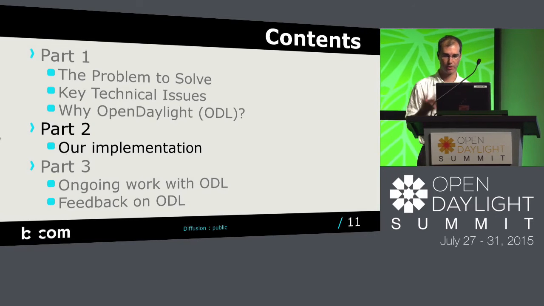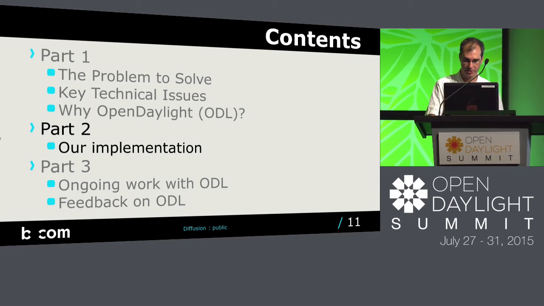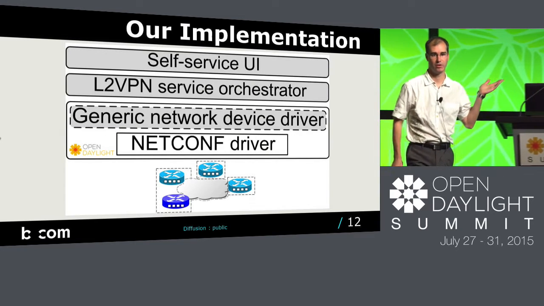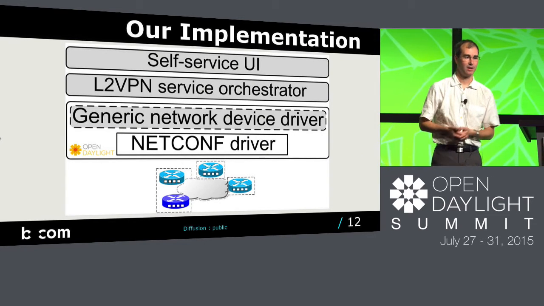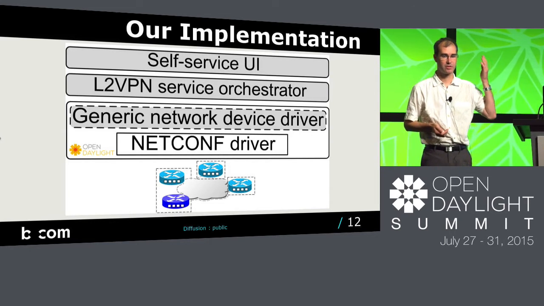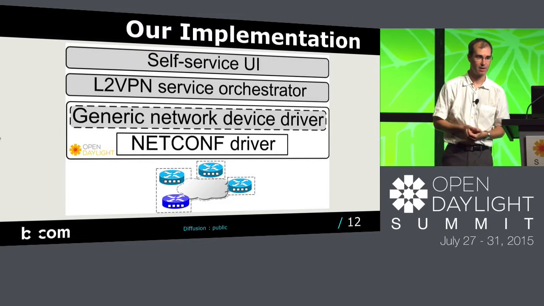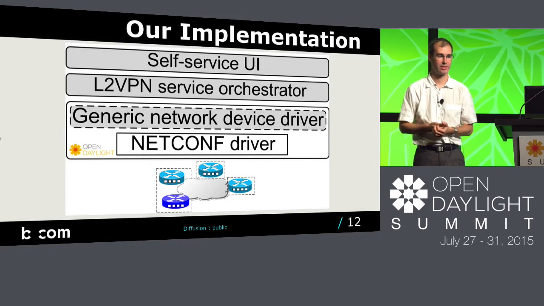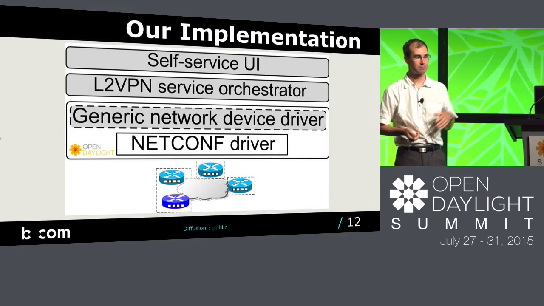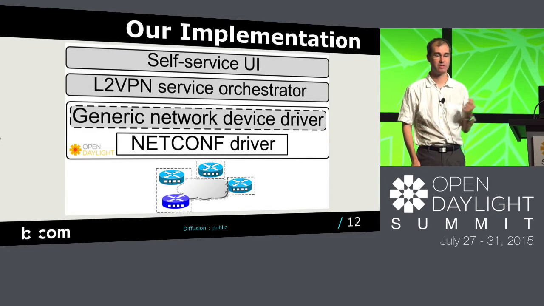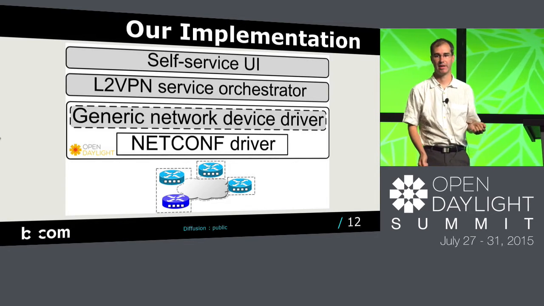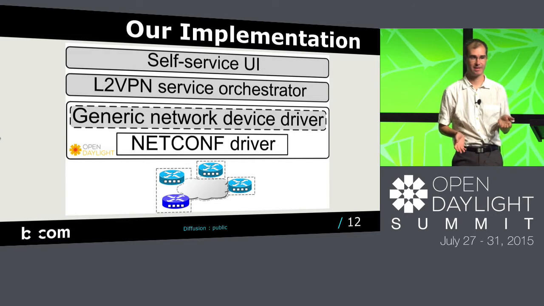So now I will go into our implementation. This is an overview of what we did. The grayed boxes are components that we developed, and the rest is what can already be found in OpenDaylight. The first part is the self-service UI, which is a web portal that can be used by our users to create their own VPNs.